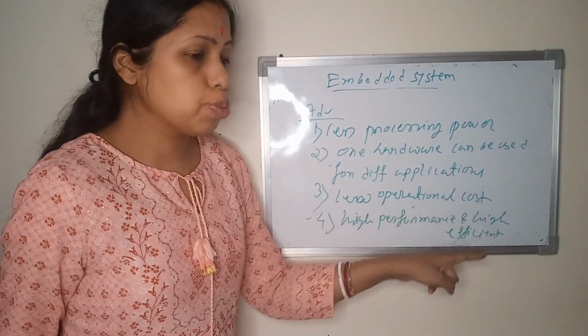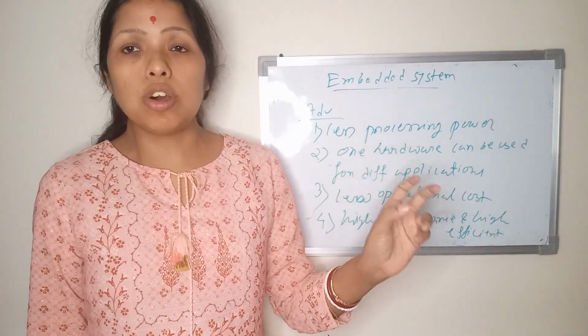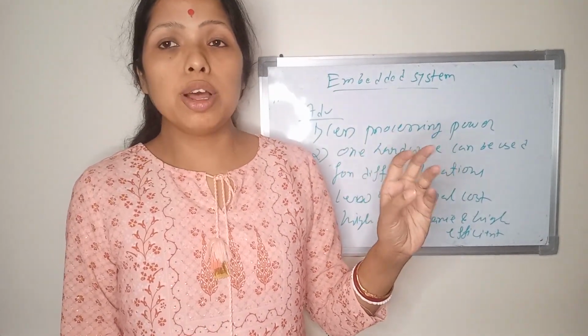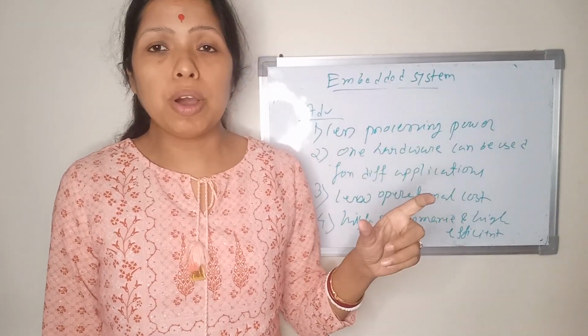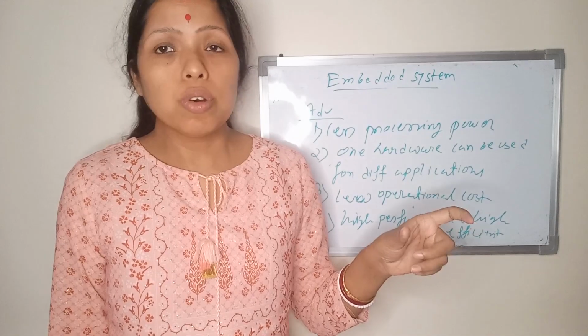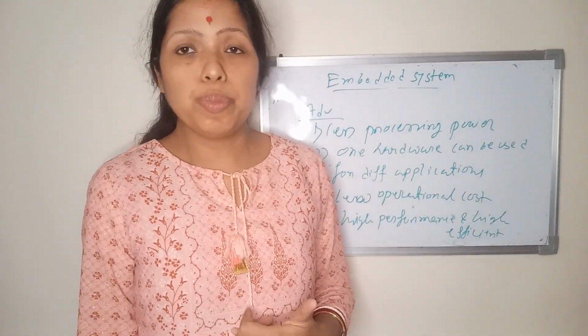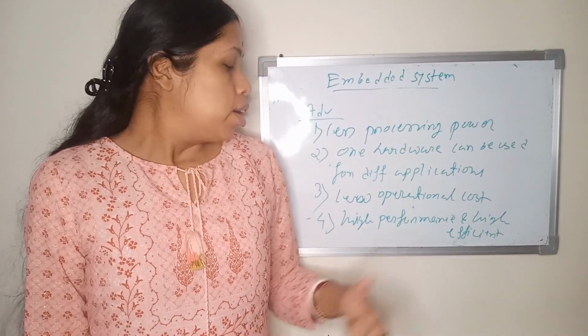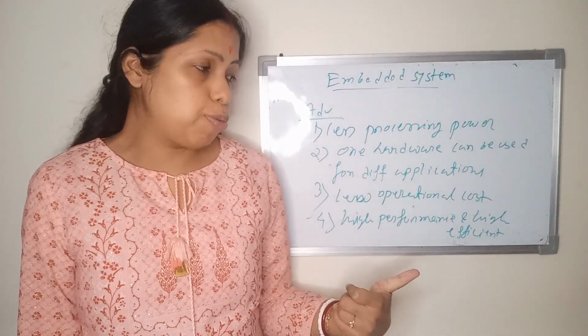Low operational cost means if you want to design a digital clock or smart clock, the price will be very less as compared to a high processing power based computer. That's why it has low cost as compared to a computer or other system, right? And it will give high efficiency as well as high performance.